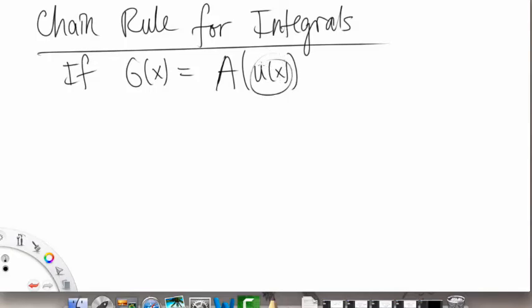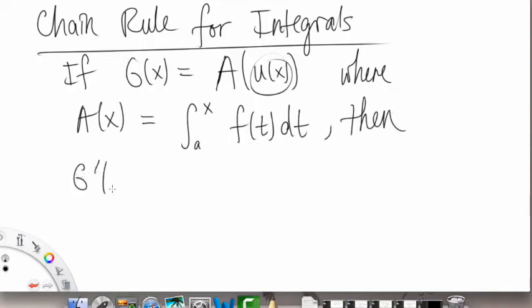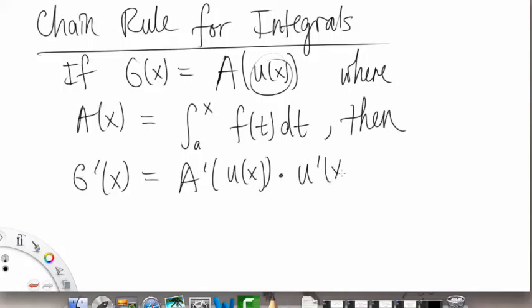So u of x was our inside function, the upper limit, where A of x is equal to the integral from a to x of some f of t dt. Then g prime of x is equal to A prime of u of x times u prime of x. That just comes from the chain rule, if we have this given composite function.